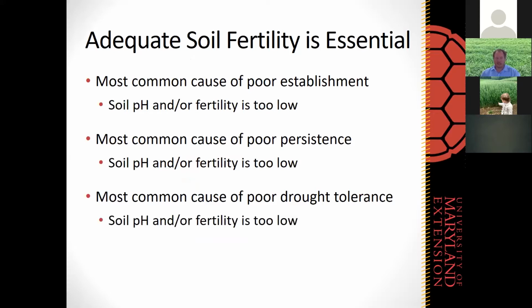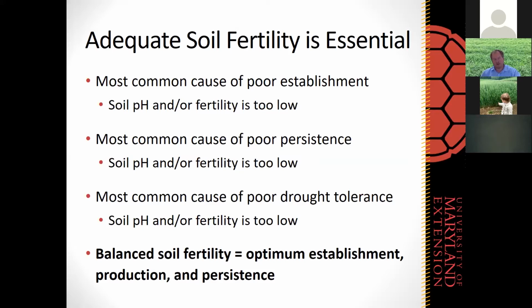And finally, the most common cause of poor drought tolerance is also soil pH and/or low fertility. So fertility really is the one thing that can affect all the different variables of forages. It is really important. We want to make sure that we have balanced soil fertility to optimize establishment, production, and persistence.